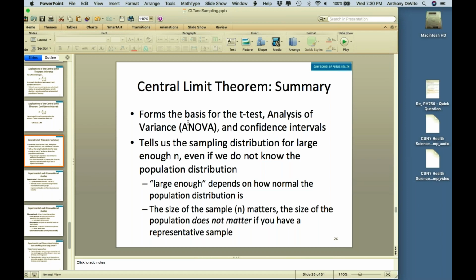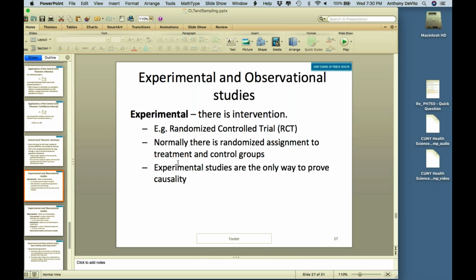So this idea of the way samples behave and the way that they're distributed and how the sample size affects them is something that's really going to carry us through at least half of the rest of the semester, this summer semester.